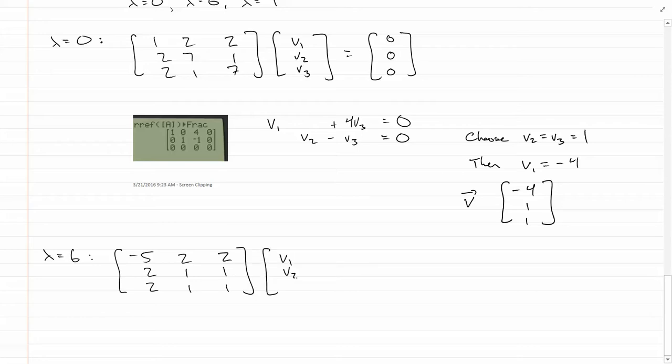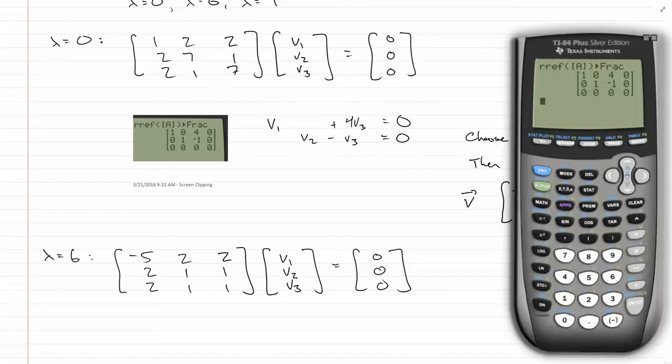Okay, we're trying to find an eigenvector that works for that eigenvalue, and we can just go back to the matrix, edit the matrix. Notice it's just going to be the diagonal entries that change, right? The first entry changes to negative 5. The second diagonal changes to 1. The third diagonal also changes to 1.